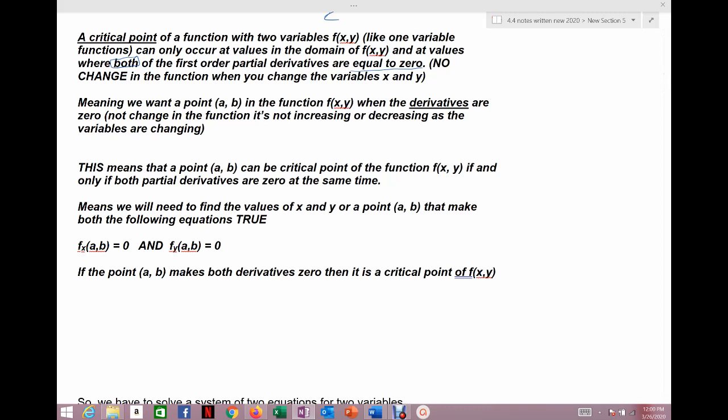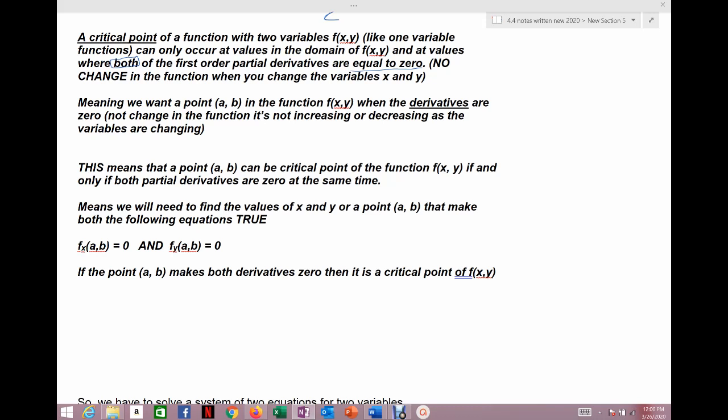There's no change with respect to x, and there's no change with respect to y at the same time. Right? There might be other places on the curve where x is not changing but y is. That's not a critical value. Meaning we have a point on f of x where the derivatives are 0, not increasing or decreasing in both directions.